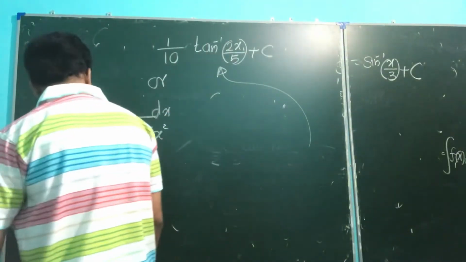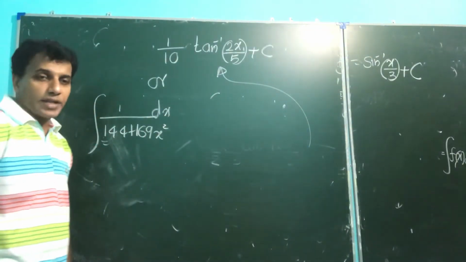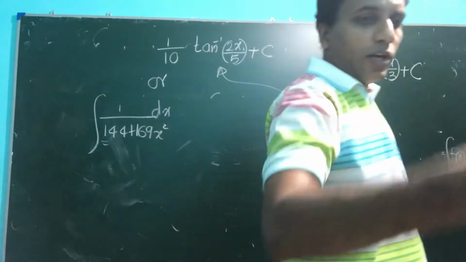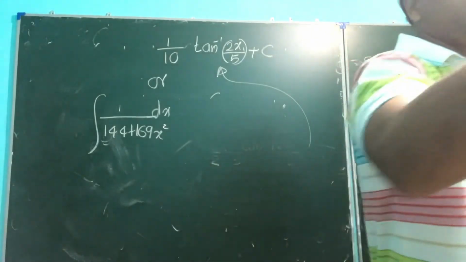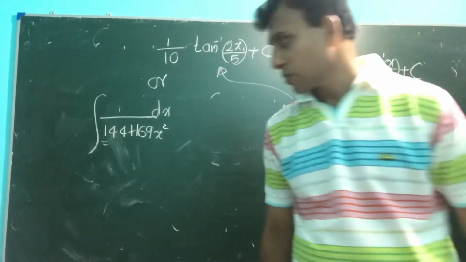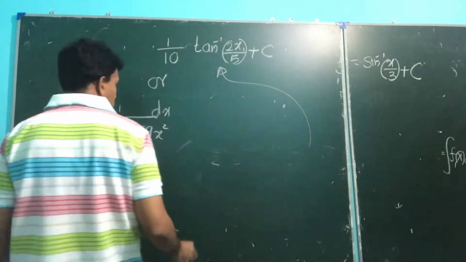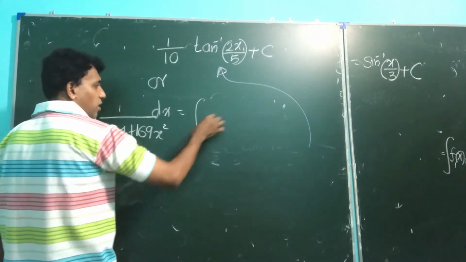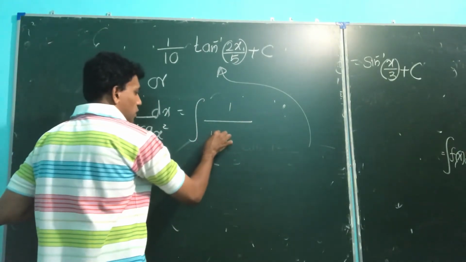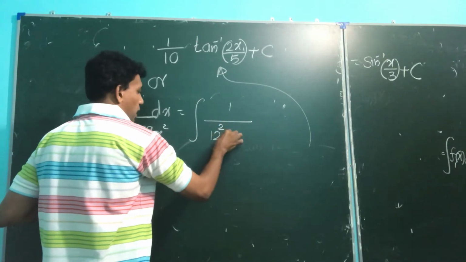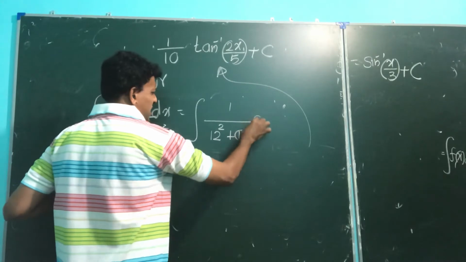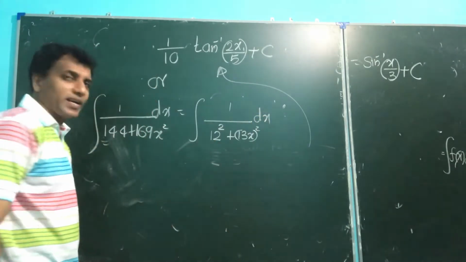Here there are two methods, you decide the easy way. What will happen? Integral 1 over 144 is 12 square plus 13 square, 13x complete square. This first method is easiest, really.